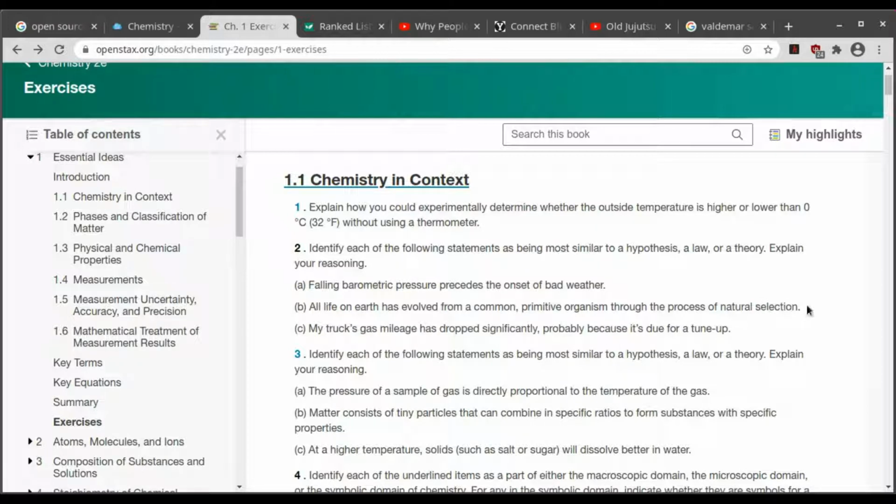And whether you're a creationist or not doesn't matter from the standpoint of understanding and being able to answer these questions. C, my truck's gas mileage has significantly dropped, probably because it's due for a tune-up. Okay, so this could be because it's due for a tune-up. It could be because the tires are not properly inflated.